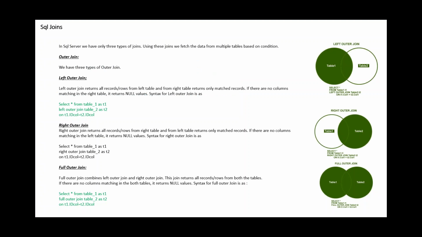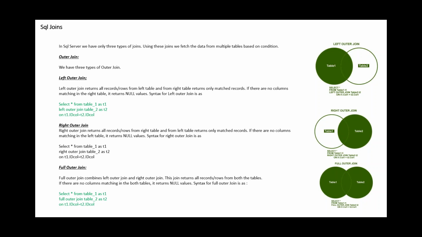In left outer join, the result has the matching rows as well as all the records from the left side table. If you are joining two tables, if you see on my diagram, the left outer join returns all the records in the left side table and the common records based on the condition from table 2.